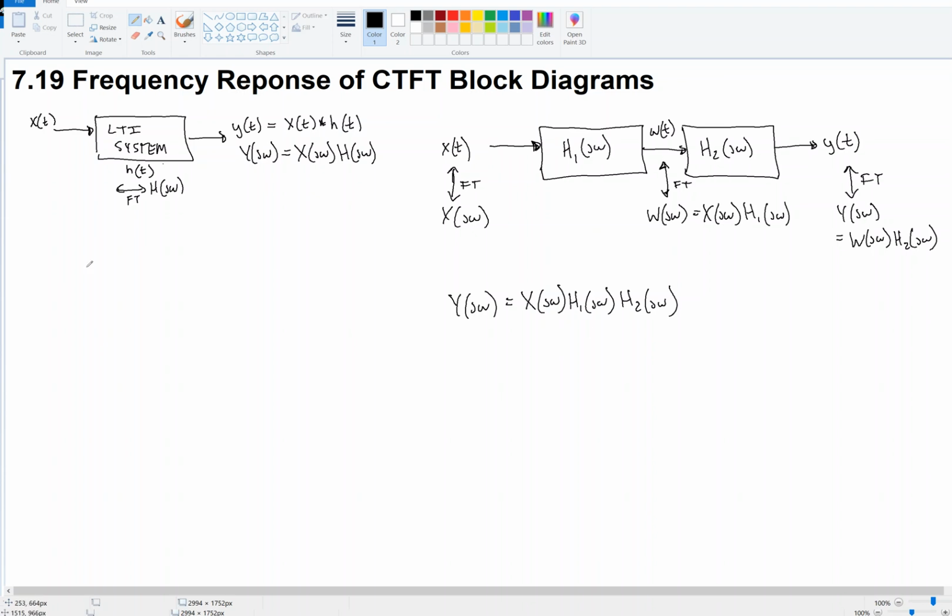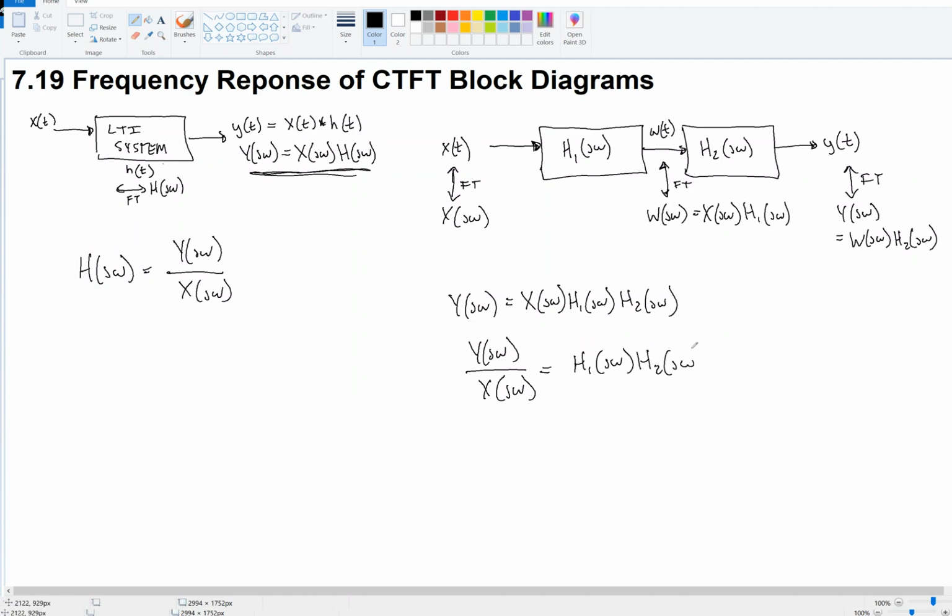So if we remember that the overall frequency response of a system is Y of j omega over X of j omega, solve that for H. Then we get the frequency response of the overall system is H1 of j omega times H2 of j omega, and we'll just call that H.